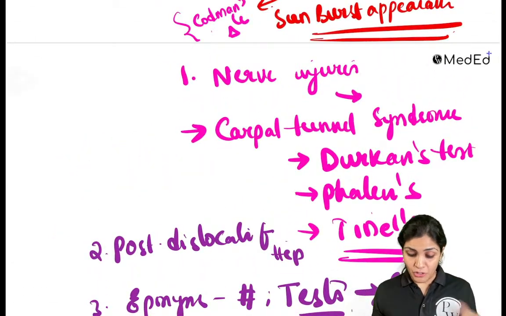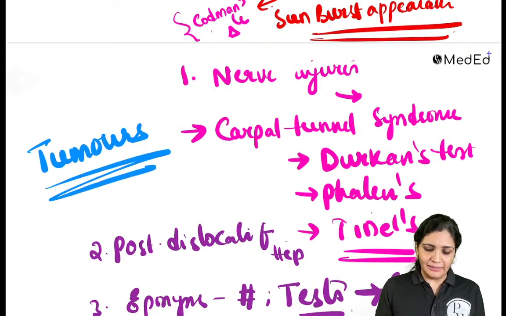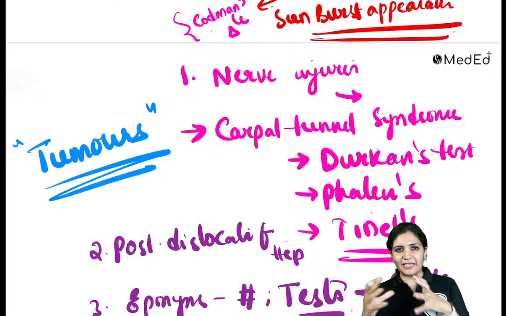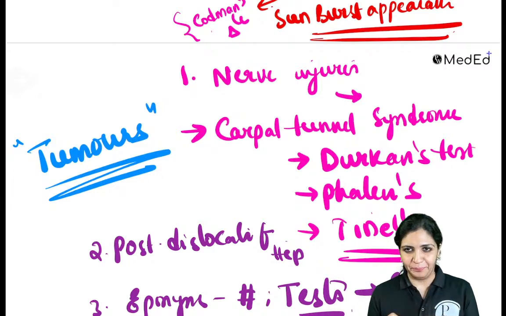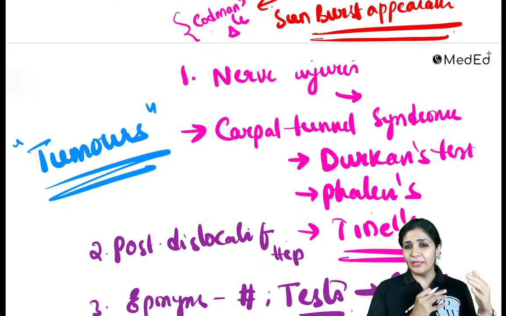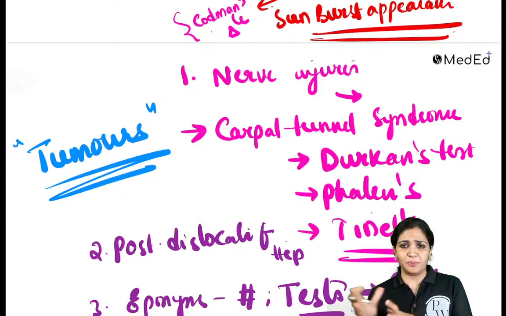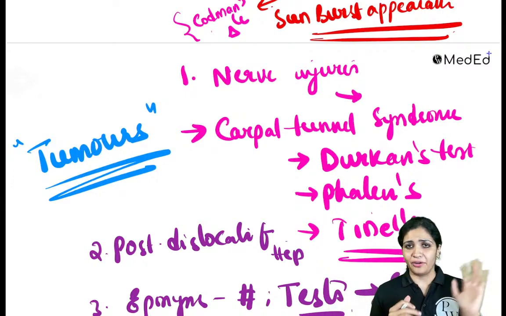Tumors, not to forget tumors. In the case of tumors, radiology and orthopedics sometimes overlap, right? Usually we deal with tumors in radiology. I am pretty sure they usually give image spotters only for tumors, so that covers your radiology part.